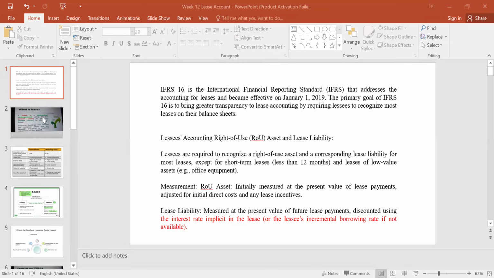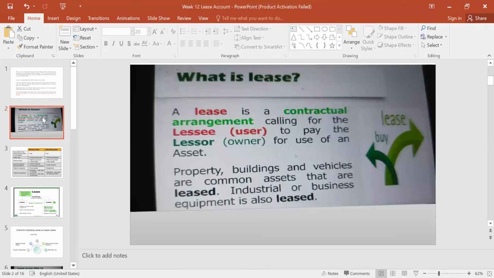Now I am going to our second slide. What is a lease? I mentioned the very basic concept. A lease is a contractual agreement calling for the lessee, the user of the property or asset, to pay the lessor. The lessor is the owner and receives money on a regular basis for the use of an asset.